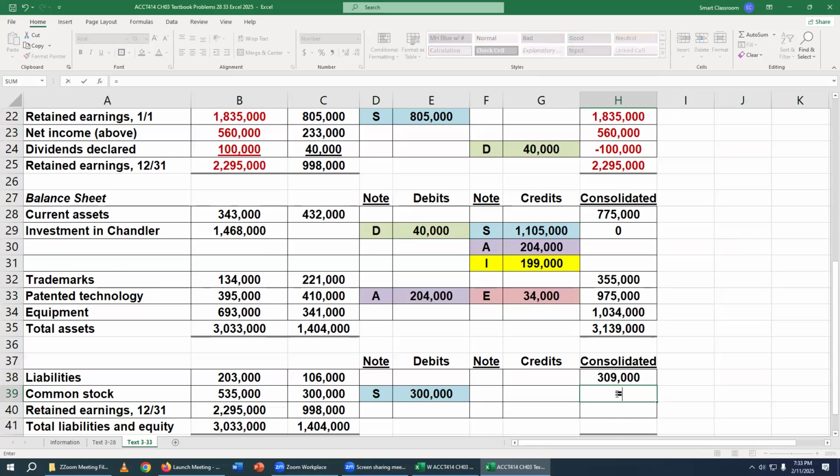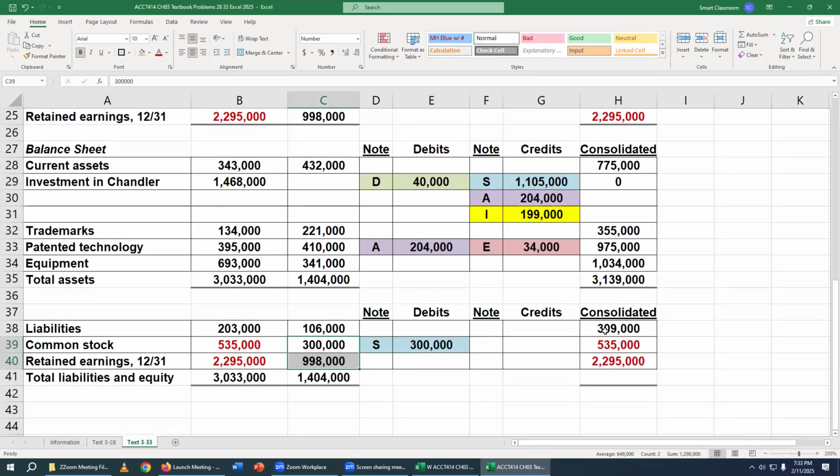And then we'll have from the parent company the only stock that's still outstanding. Nobody else owns this stock. It's not outstanding. So let's see.